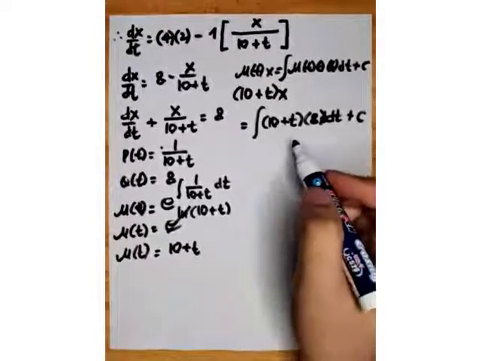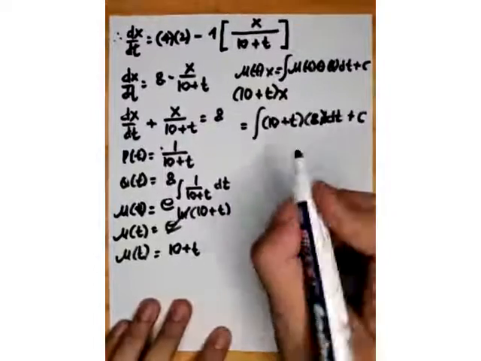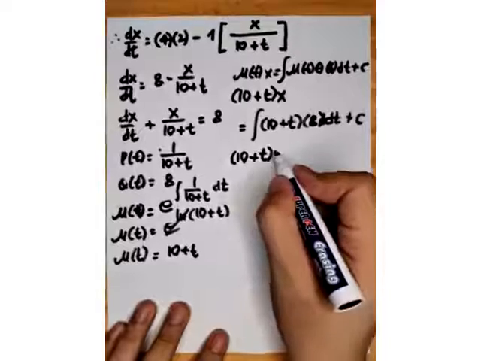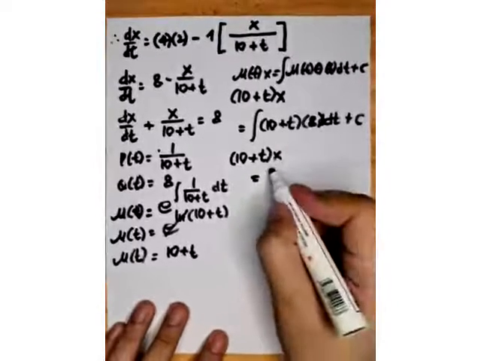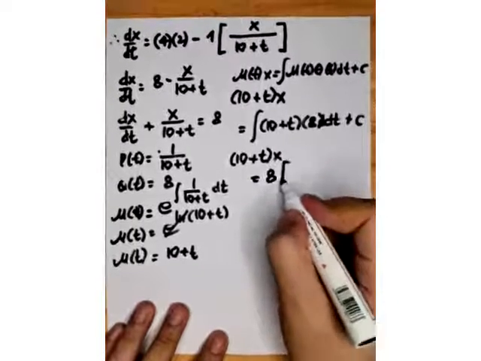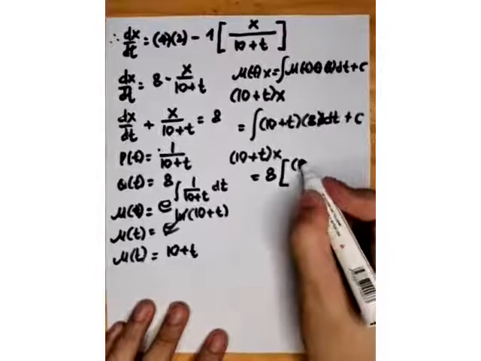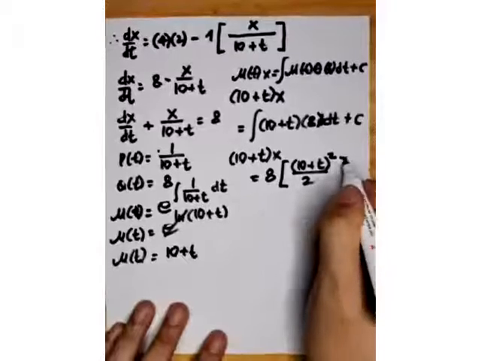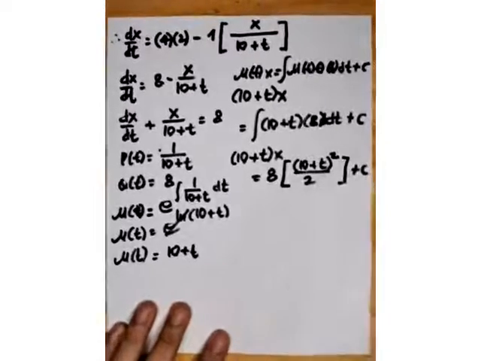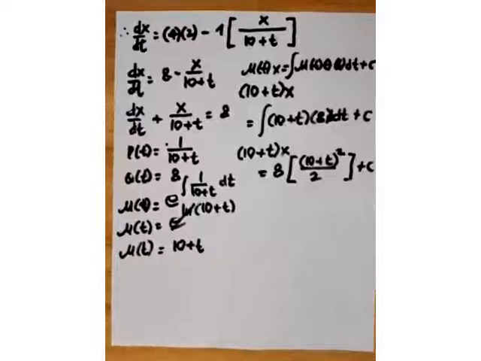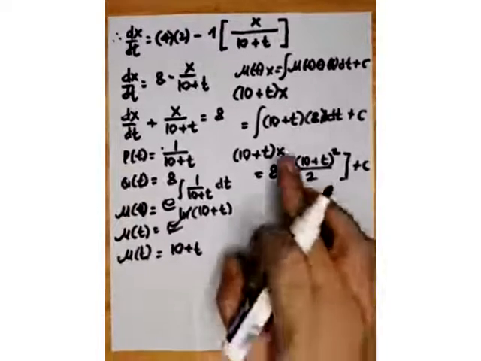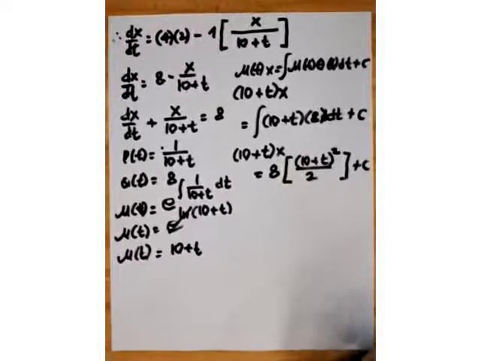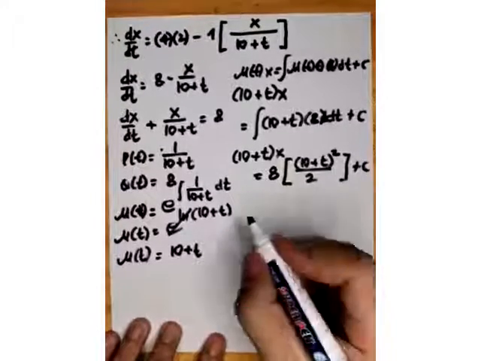So gagawin ko is chain rule ko na lang ang power formula. So 10 plus t times x is equal to, ilalabas ko yung 8 times sa quantity, 10 plus t squared over 2 plus c. So chain rule ko na lang, power formula, yung buong naka-quantity. So hindi ko din-distribute yung 8. Okay, so let's simplify.